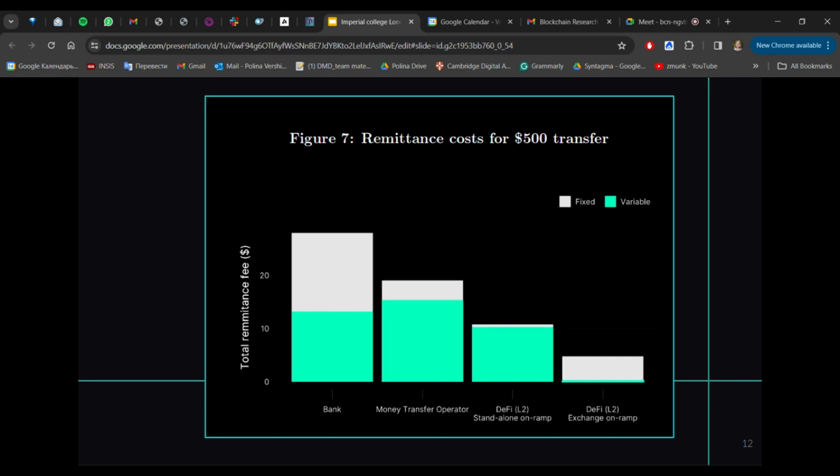And then based on these calculations and World Bank data on remittances, we see that again, DeFi is definitely cheaper, and there is also an opportunity to reduce it even more, if you use the right providers, and if you pick the right exchanges and everything. And banks, compared to that, definitely lose the game.